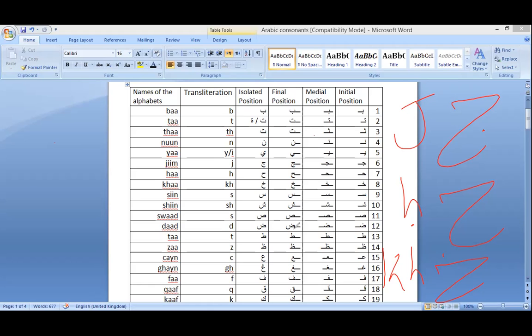Those who speak Somali can pronounce them because Arabic has influenced their language. Those who speak Urdu or Persian, the Iranian language, can easily pronounce them because Arabic has influenced them, right? In Turkey, a number of them can pronounce them.